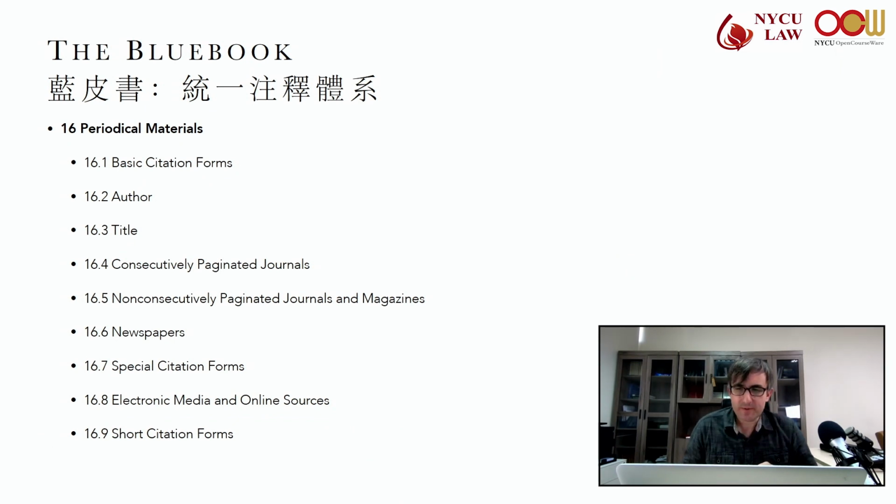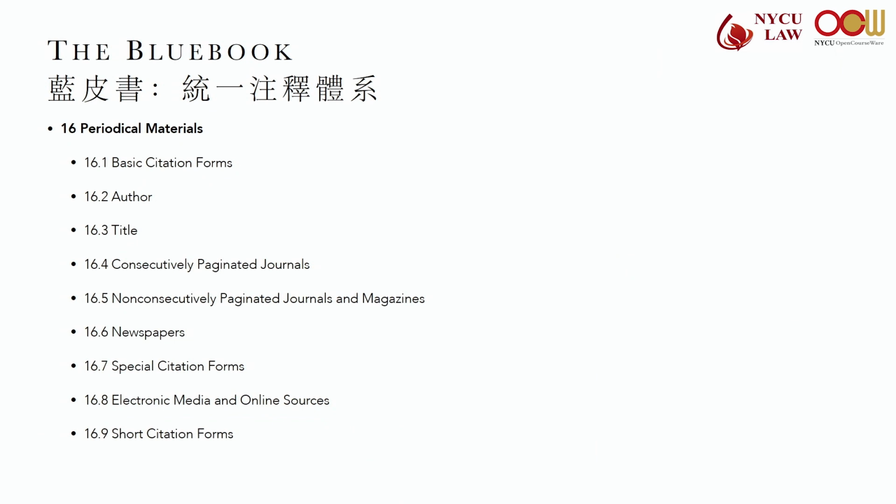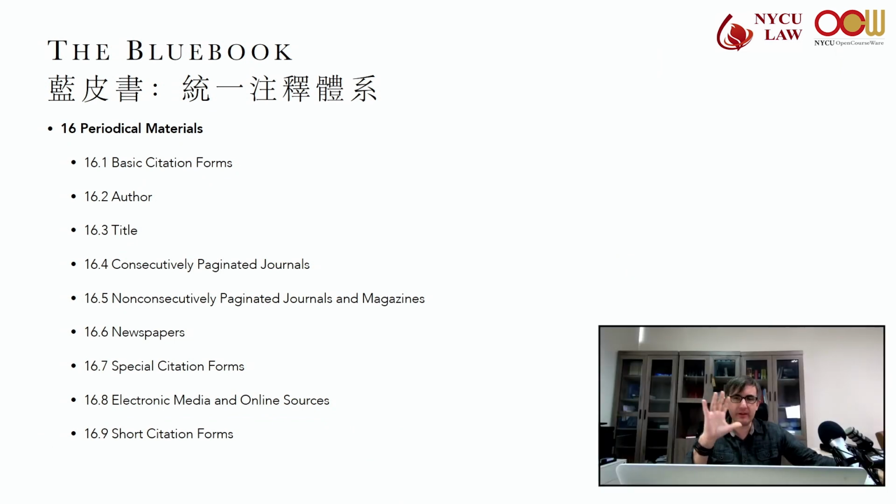And special citation forms. So there's a lot here. So student written law review materials. This is Rule 16.7.1. Basically here we're just adding comment, capital C comment, or note, capital N note, after the author. Sometimes you'll have what's known as unsigned student written material. So this is student material, but not attributable to a single author.